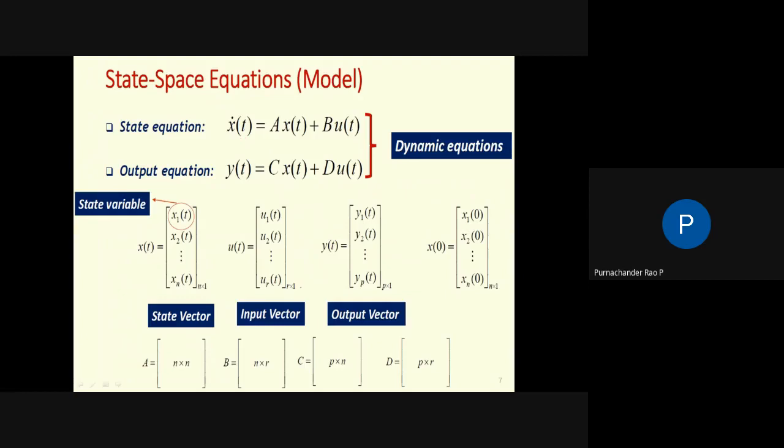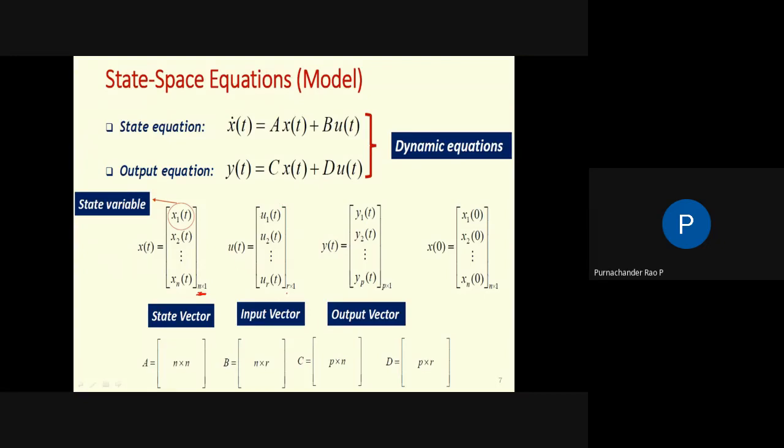For the state equations, x(t) consists of x1, x2, and so on up to xn, as there are n state variables. So the matrix will be of size n by 1. And u(t) is called the input vector.